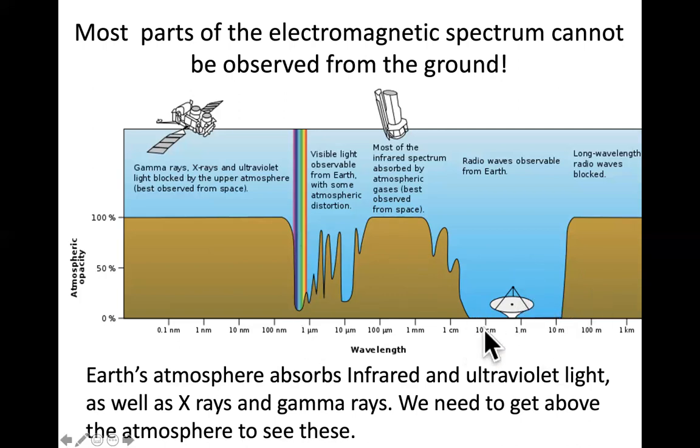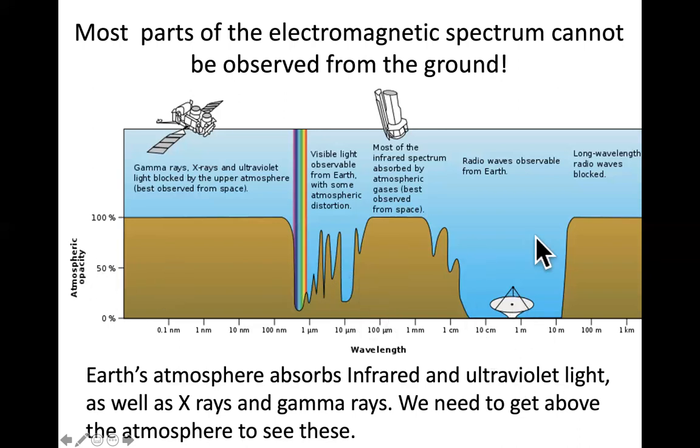So, in a specific part of the radio range, for radio waves between about 10 centimeters and 10 meters wavelength. What this means is if we want to do telescope observations from here on the ground, there's only a few choices: visible, some parts of the infrared, and radio. And if you're interested in resolution, you want the shortest wavelength, which puts you in the visible. But you could still do some stuff with the infrared and radio as well.